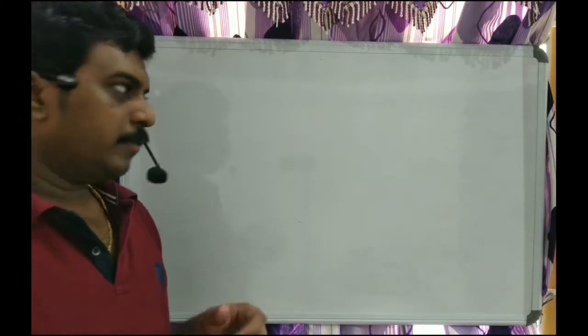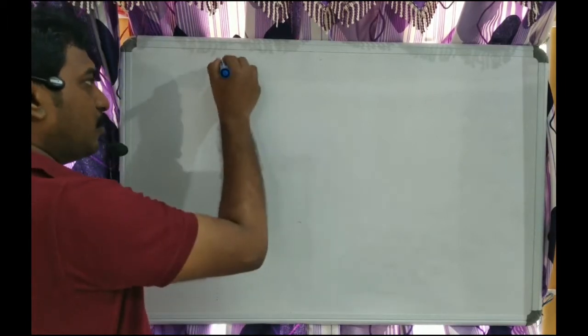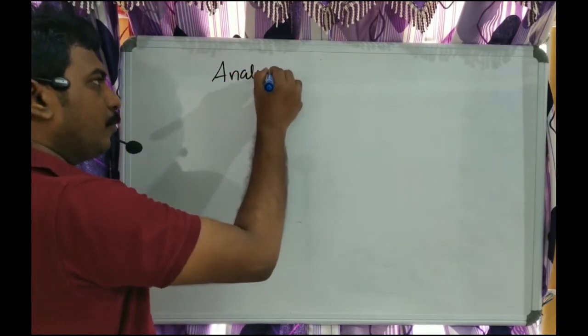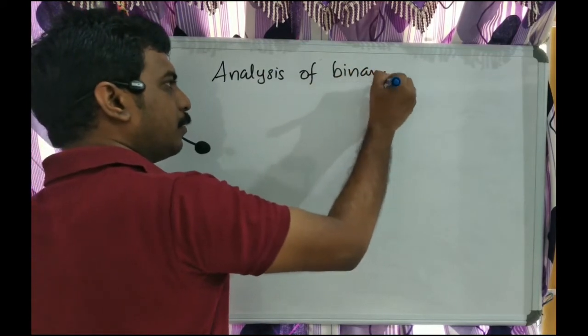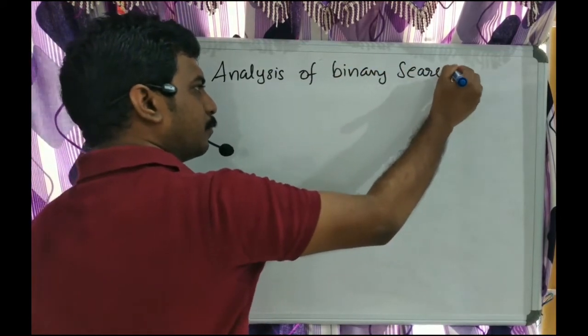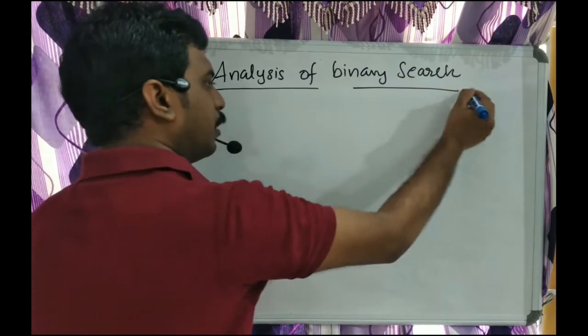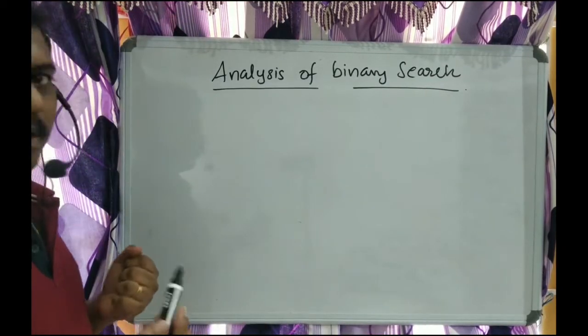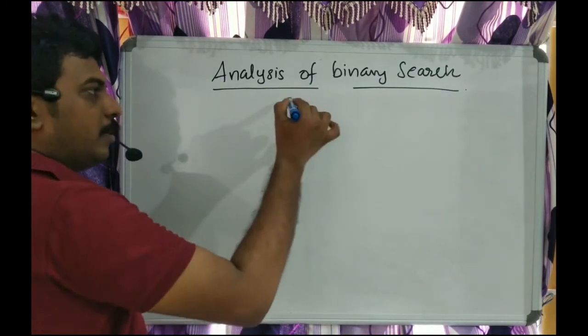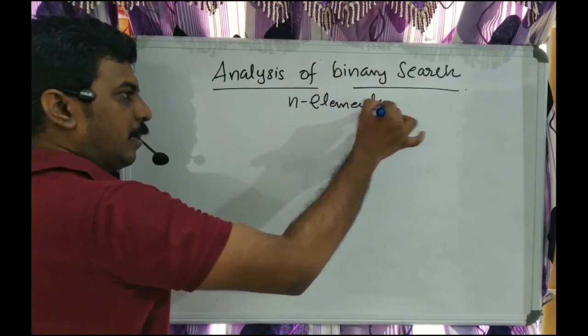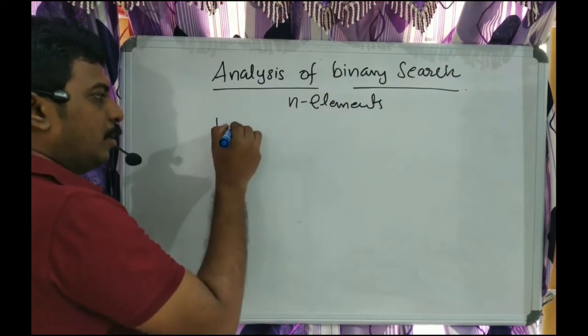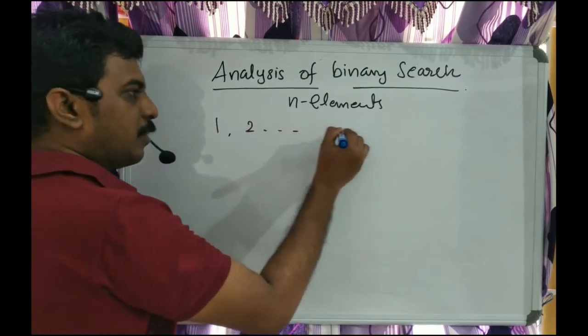Then we will discuss the analysis of binary search. I am simply assuming that we have n elements in an array, and that it is sorted: 1, 2, 3, etc. up to n.